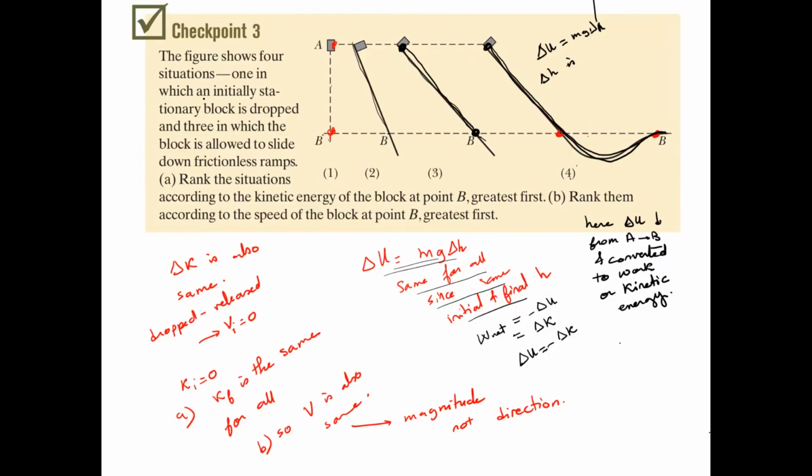Now, the block was initially stationary, so V initial is 0, and thus K initial is 0. So delta K is going to be none other but K final itself, because K initial is 0. So K final is the same for all situations.